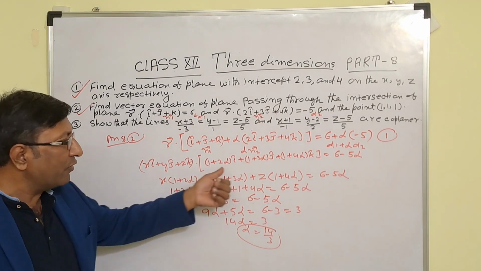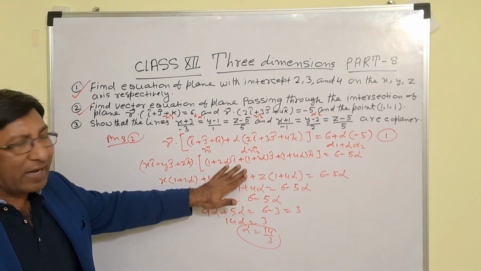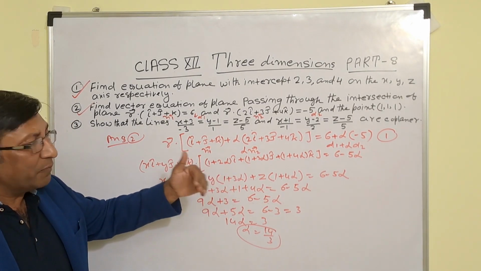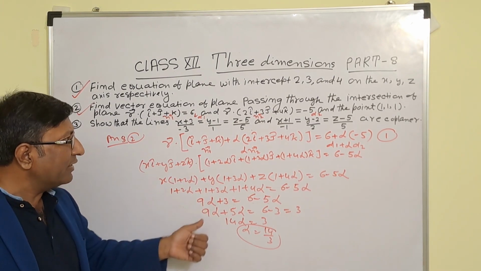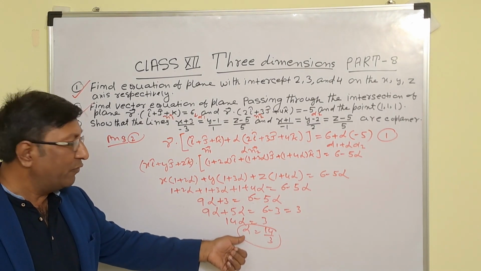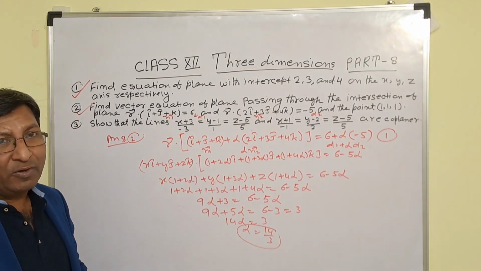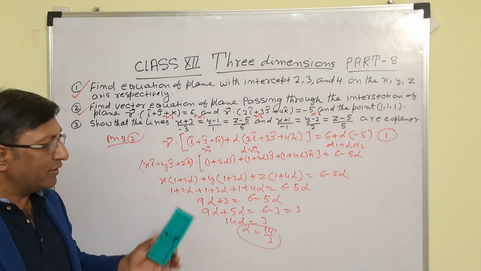If no passing point is given, this is your answer. If a passing point is given, with its help you can find the constant value lambda or any value k. Put this value in, and you will get your correct answer. I think you understood.